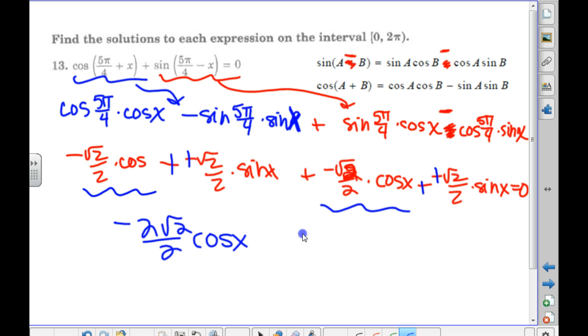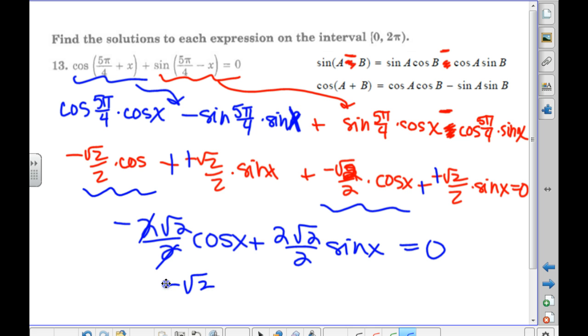So when we add those together, we also get 2 square roots of 2 over 2 sine of x. And that's supposed to equal 0, and this was plus, sorry. Right, this reduces to what? Just a negative square root of 2 cosine of x. This is just a square root of 2 sine of x.